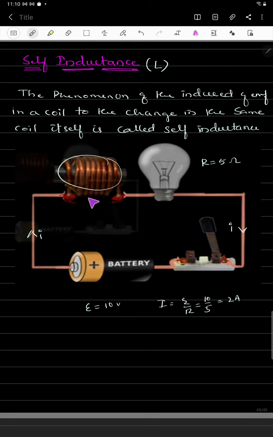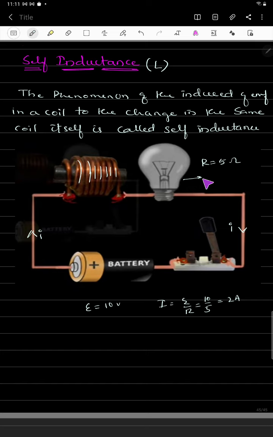Now if I close the key, the current passes through all these coils, and the bulb glows from 0 to the maximum intensity.